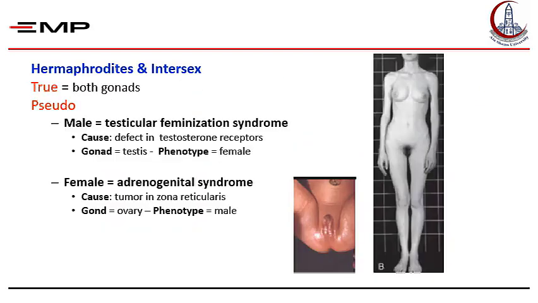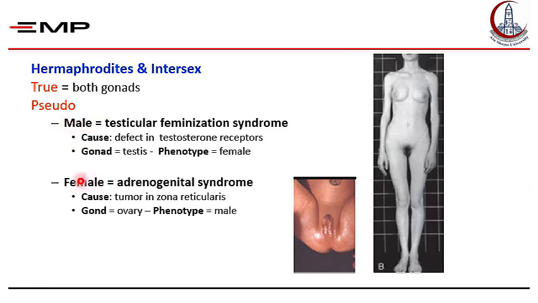Now we will talk about what's called hermaphrodites and intersex. True hermaphrodites, where the person has both gonads, male and female, is very rare, if ever occurs. Pseudohermaphroditism is more common. It's either male pseudohermaphroditism or female pseudohermaphroditism.